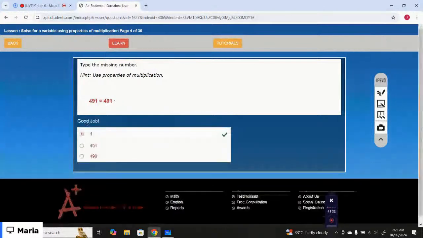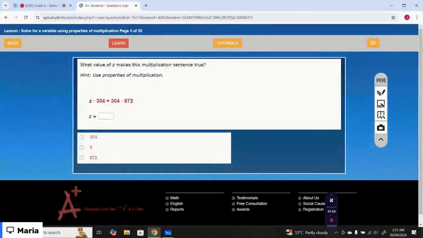Okay, the next one is what value of z makes the multiplication sentence true? So z equals.